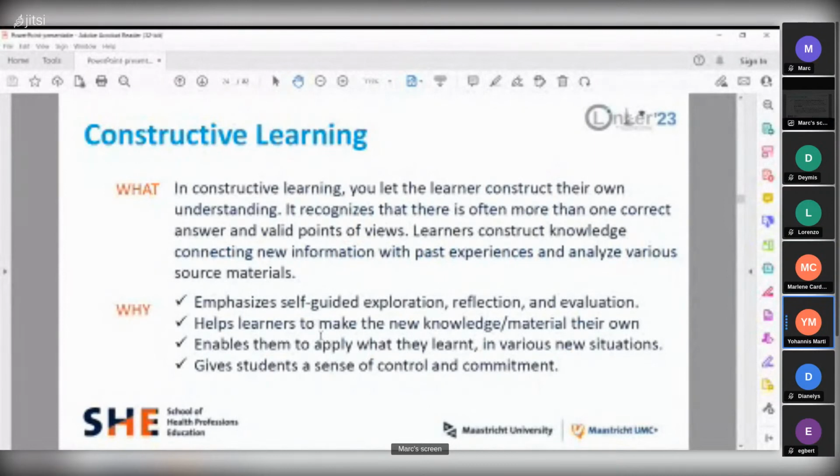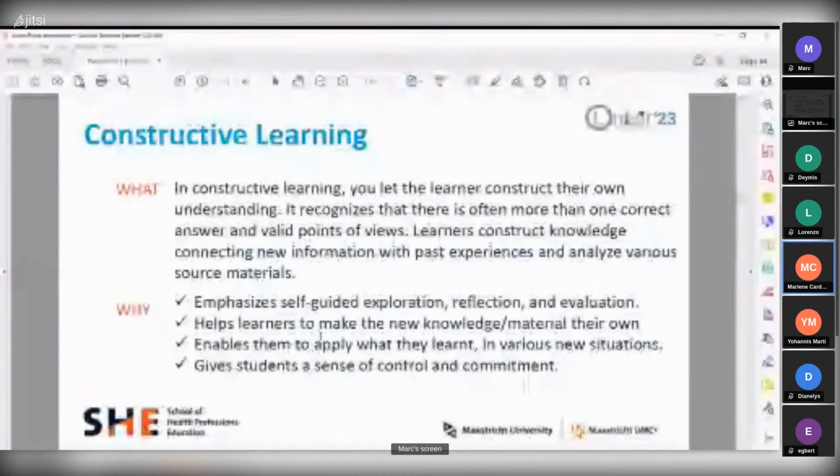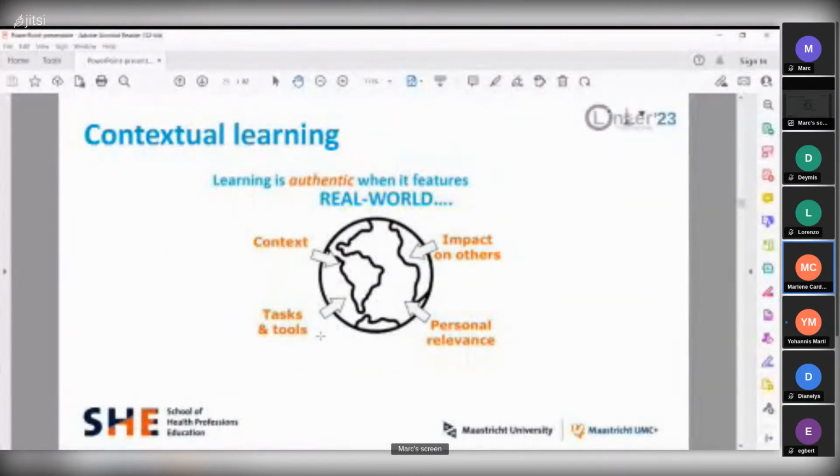The next learning principle is contextual learning. What would be the benefit of contextual learning? So by putting a problem or a case in the real world, the learning is very authentic.